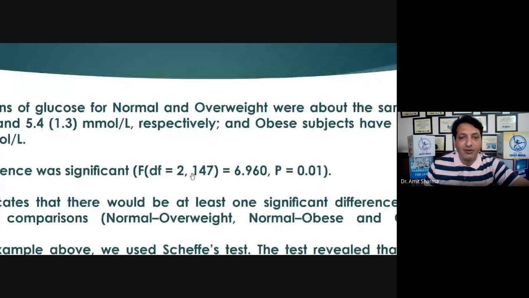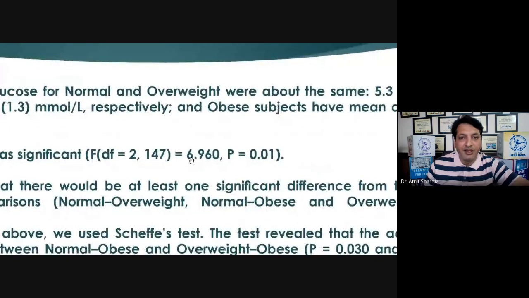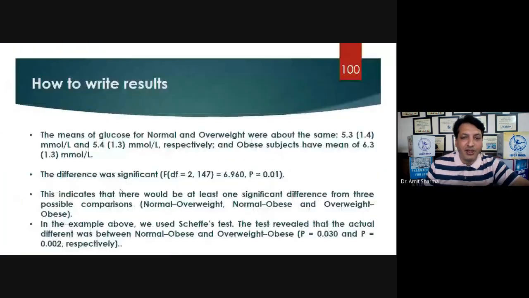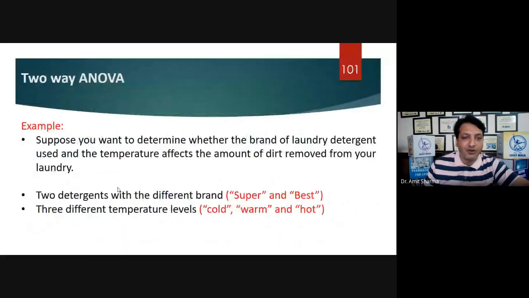After writing 2 and 147, directly you can write 6.960, comma, p value was found to be this much. So this is the writing style for the ANOVA. Clear? And also here you can indicate the results of the post hoc test.